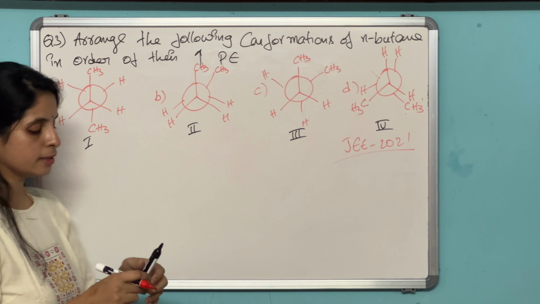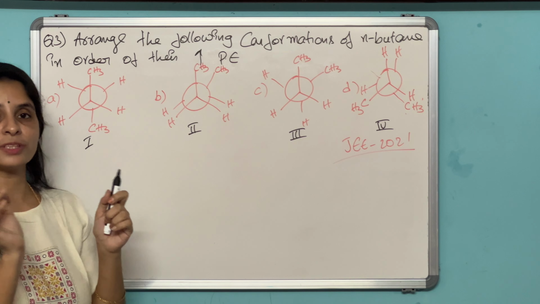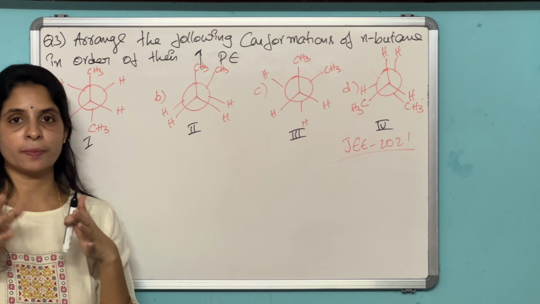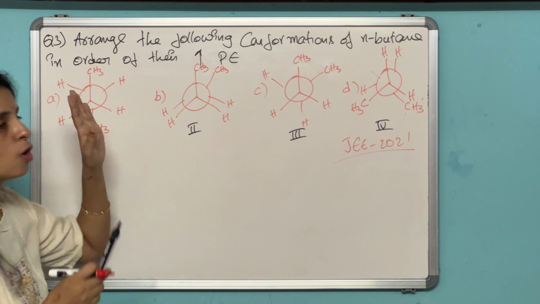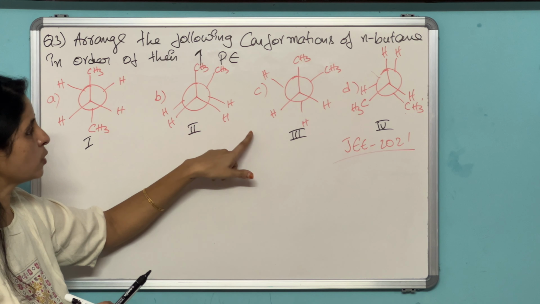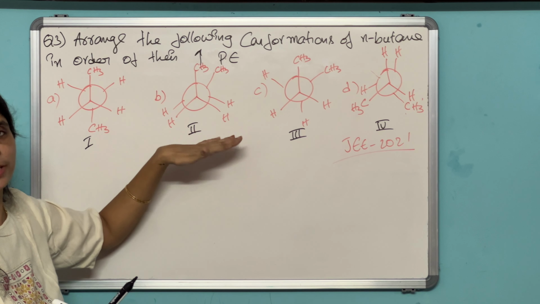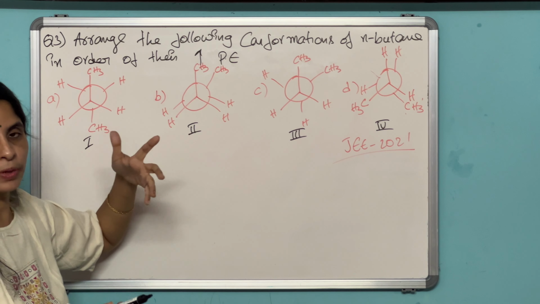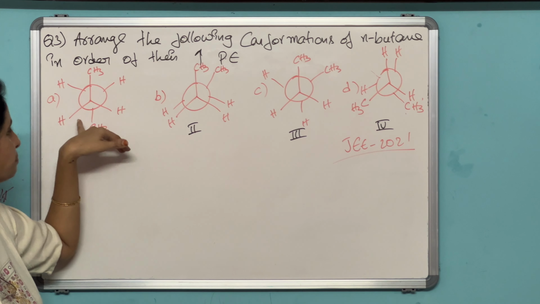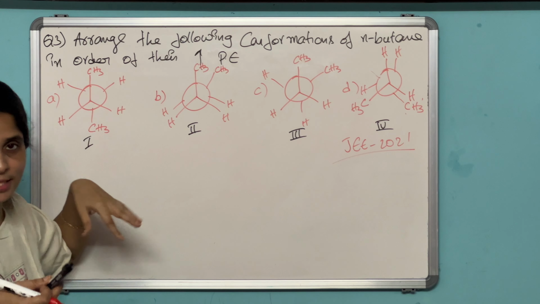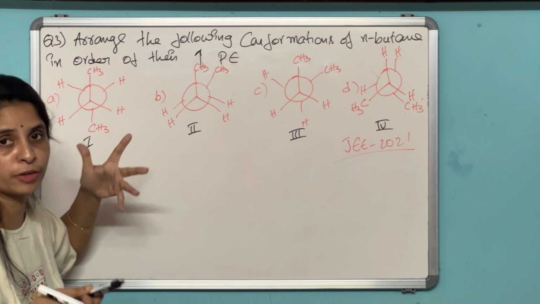Increasing potential energy means, first you write down the stability, energy and stability are inversely proportional, no? Here you have to identify that these are the conformations of n-butane.